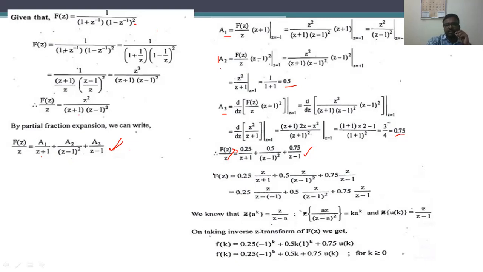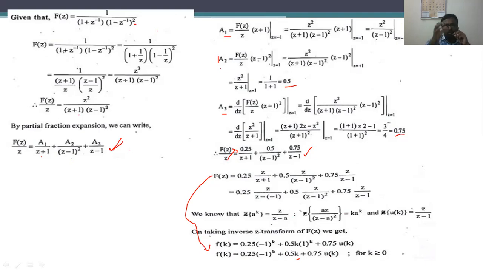So after converting this f of z into f of k, that means with the application of the inverse z transform, we get 0.25 into minus 1 whole power k plus 0.5 into k, that is nothing but the ramp function, and 0.75 into u of k.